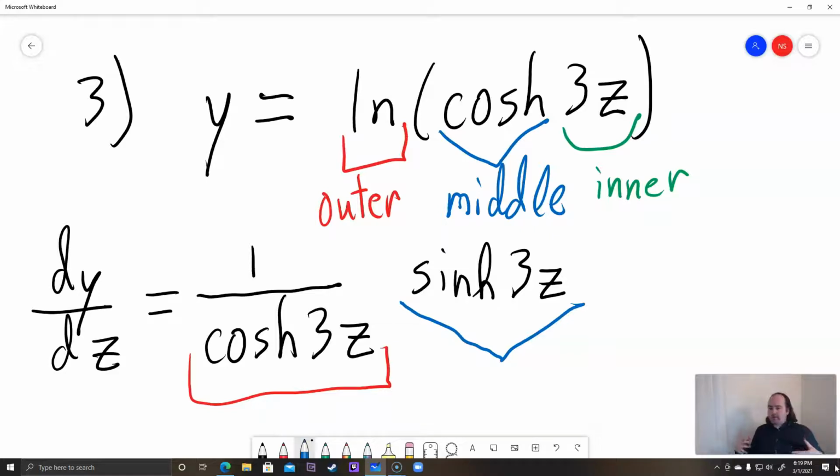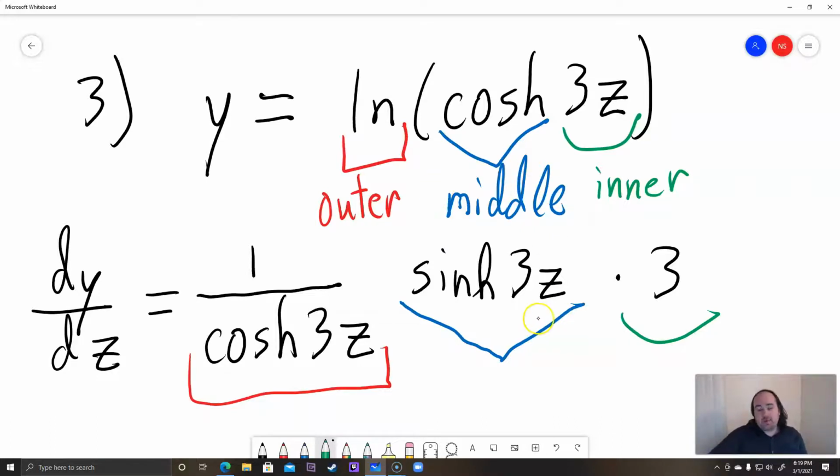There's no negative there. Okay? And then we finally do this times the derivative of the inner function. So what is the derivative of 3z? Well, the variable goes away, so we just get 3, which is a constant. Okay, so this is going to be times 3. So there we are working from the outside inward using the chain rule.